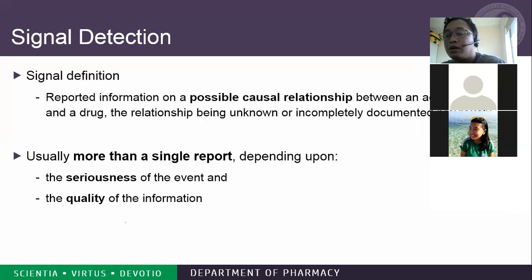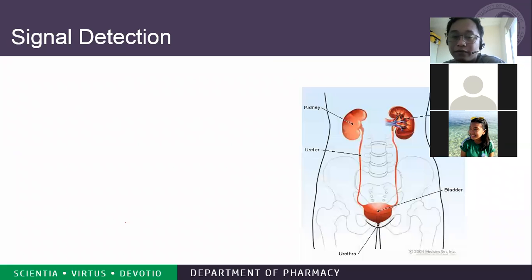If it is only a single report, but the event is very serious, the severity is severe, and the quality of the report is good, then a single report is enough.